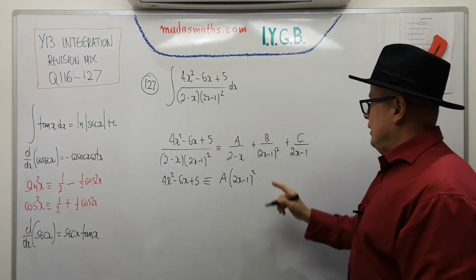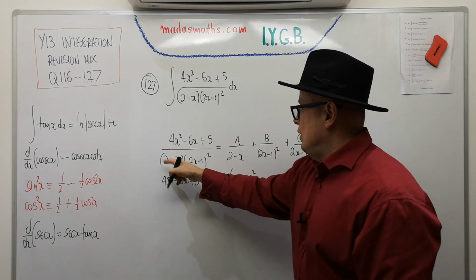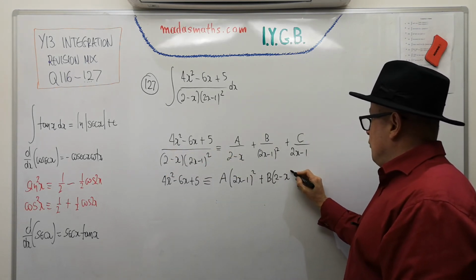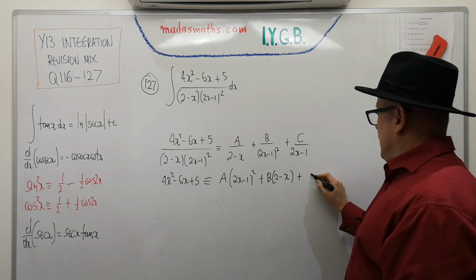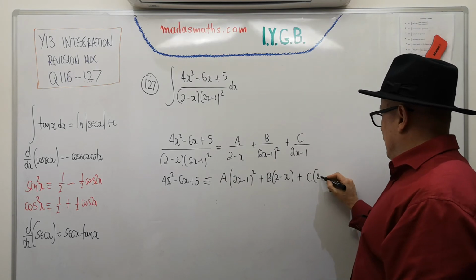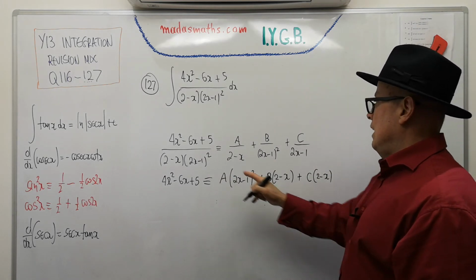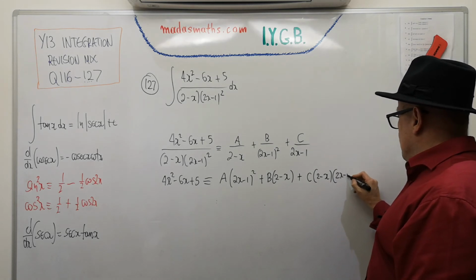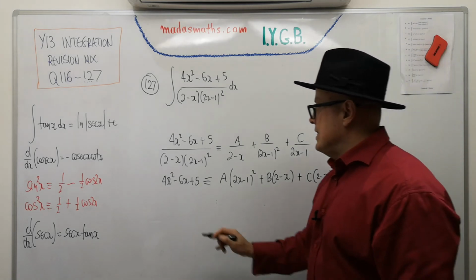The b has this item, so you need to take the other bracket, b(2 minus x). And the c needs to take the 2 minus x, but also one more of these brackets because it's not squared there: c(2 minus x)(2x minus 1). Okay, let's try some sensible numbers.